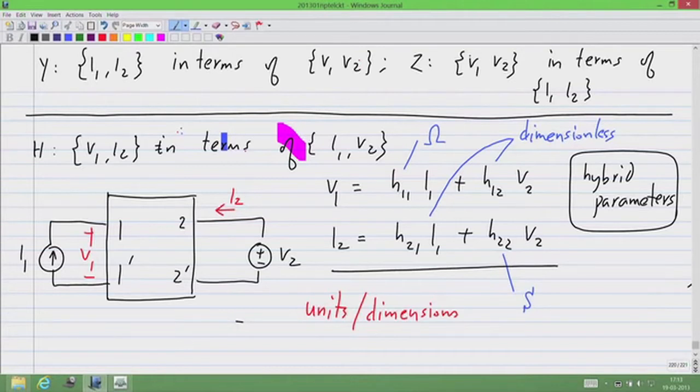So the next question is, let's say I want to measure H11 and H21. So what should I do to port 2 in order to measure H11 and H21?